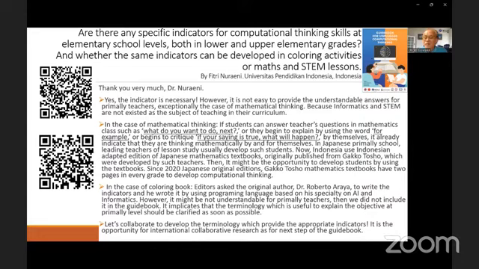Exceptionally, in the case of mathematical thinking, because informatics and STEM do not exist as a subject of teaching in their curriculum. Okay? There are no subjects named informatics and STEM currently. So that is the challenge of the guidebook.